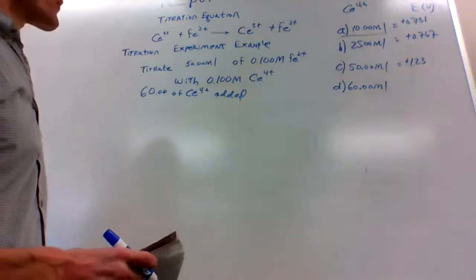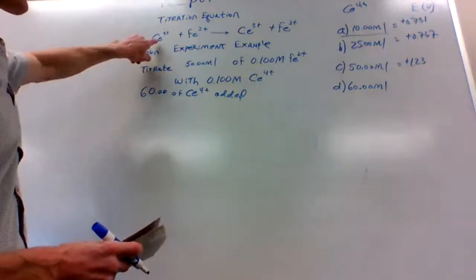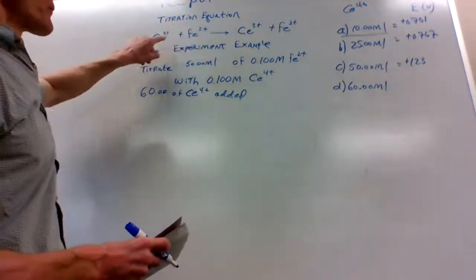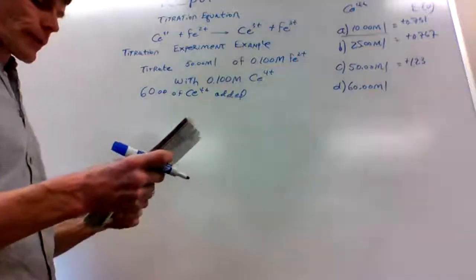And the best way to solve this problem is because we're going to have nice concentrations. We're going to have excess of this ceric 4, and we're going to have some ceric 3.